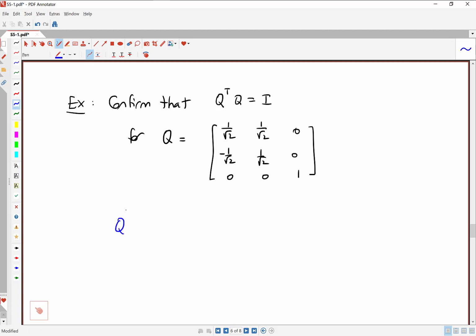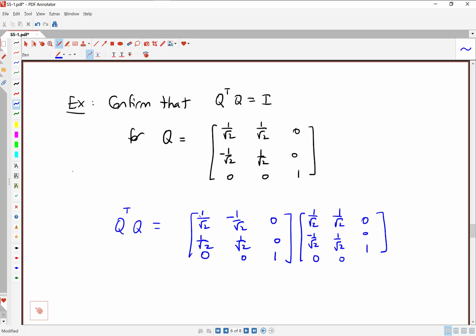So I would start with the more complicated side, just write out Q transpose Q. Our first row would now look like this, second row would now look like this, and then bottom row would look like that. So that's our Q transpose. Then we're just going to copy out Q. Let's see what happens when we multiply Q transpose with Q. Just ordinary matrix multiplication.